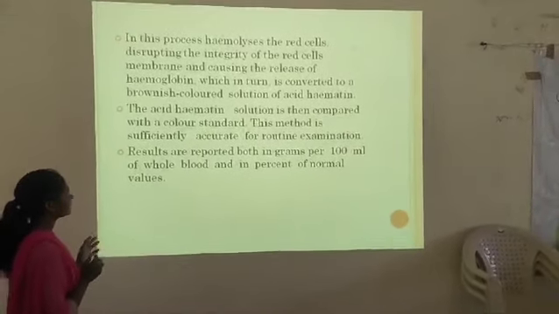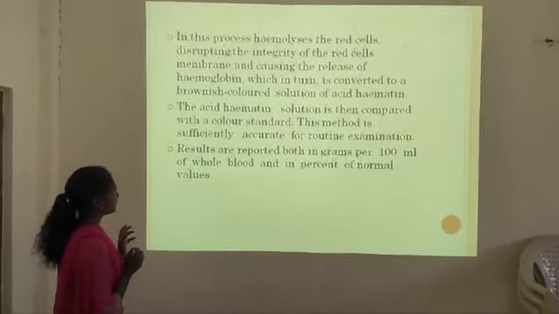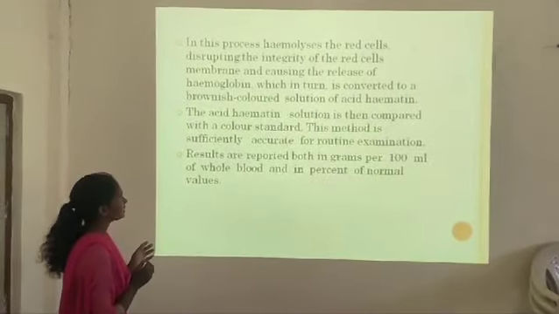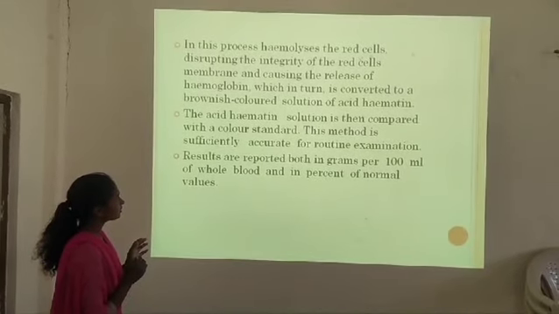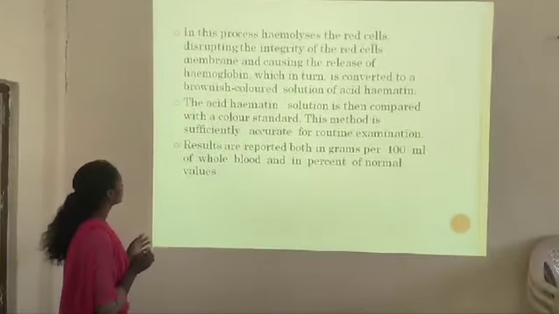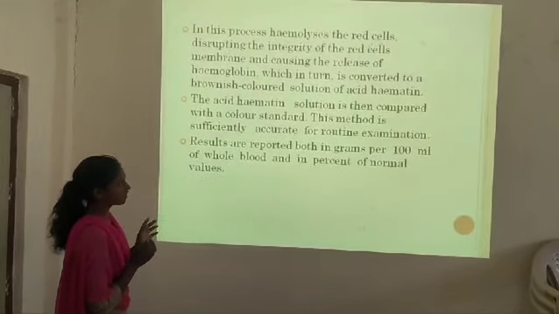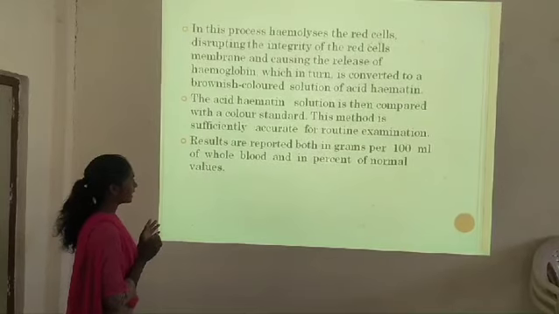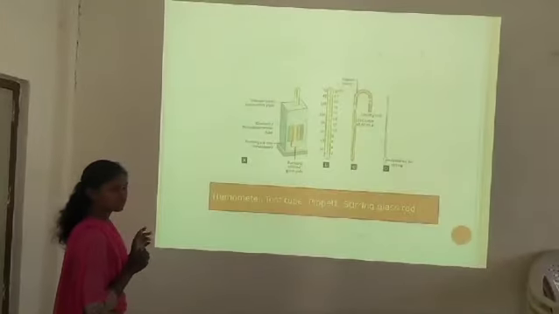The acid hematin solution is then compared with a color standard. This method is sufficiently accurate for routine examination. Results are recorded both in grams per 100 ml of whole blood and in percent of normal values.